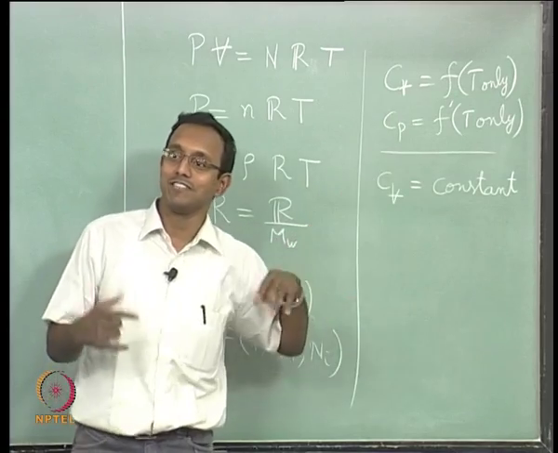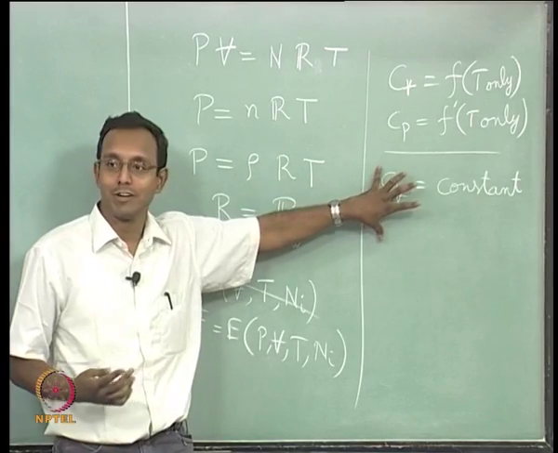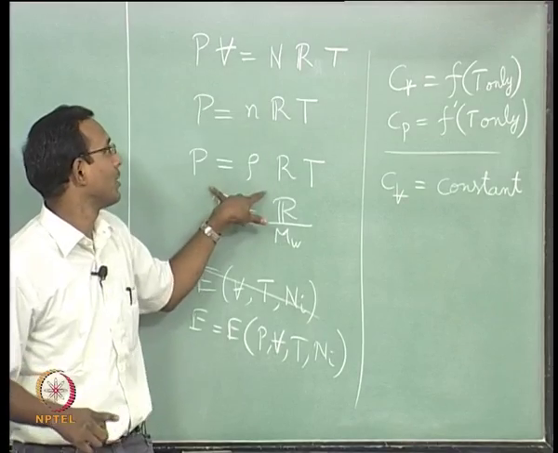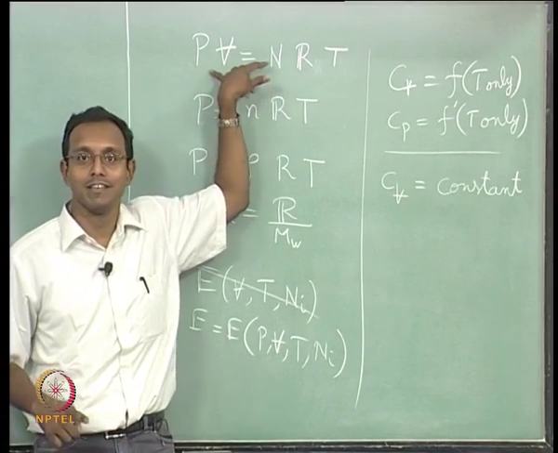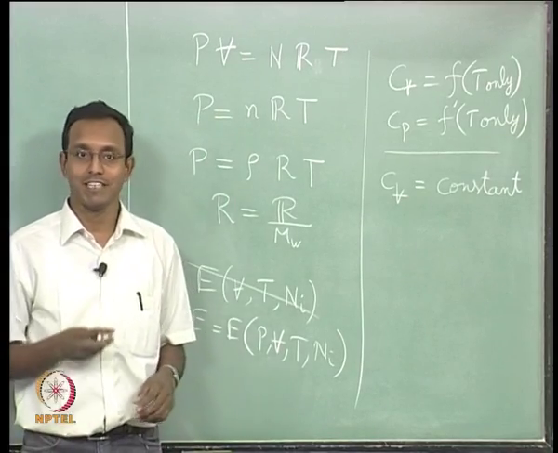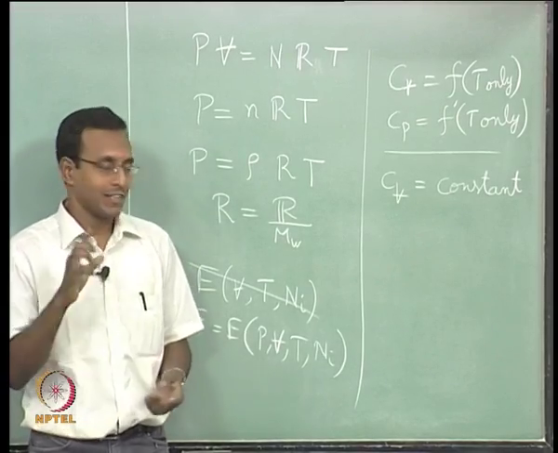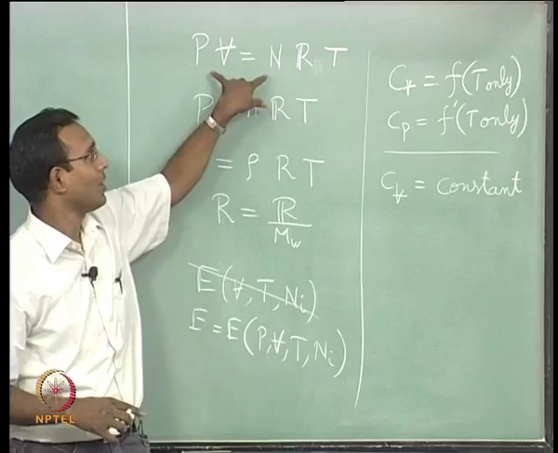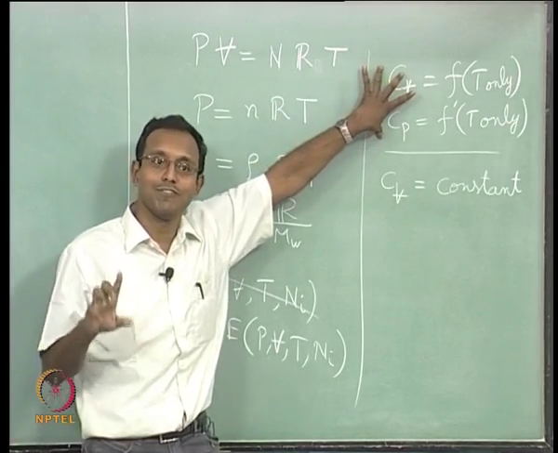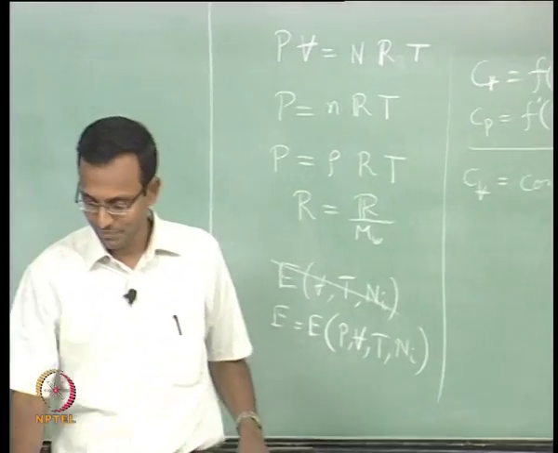Now I have to define things very clearly. When I say calorically perfect gas, Cp and Cv are constant, along with that P equal to RT or PV equal to nRT is also obeyed by that gas. If I say my gas is thermally perfect, then I am saying P equal to RT or PV equal to nRT, along with Cp and Cv being functions of temperature only. That is what we will have.